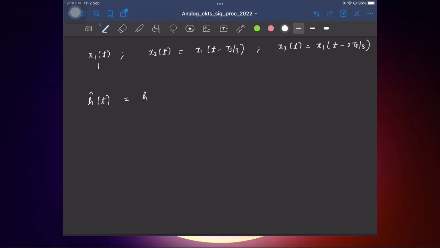Okay, so let us say x1 is some h of t comma tau. So I need to get a system whose impulse response is h of t comma tau plus, what should be the second term? t minus ts by 3 comma tau.